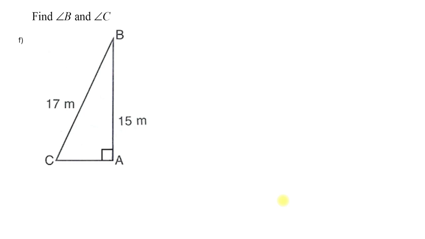Question F asks us to find angle B and angle C. If we select angle B to be our theta, then we are given the adjacent and the hypotenuse. The trig ratio that uses adjacent and hypotenuse is the cosine.